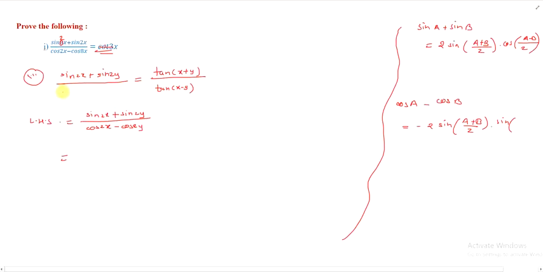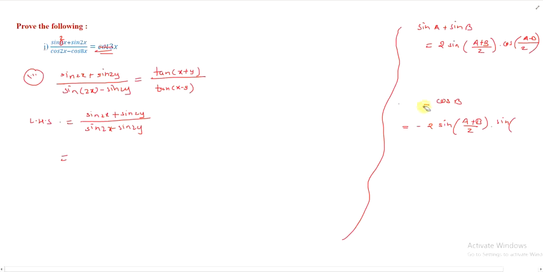Here the denominator is sine 2x minus sine 2y. Here also we have to change sine 2x minus sine 2y.